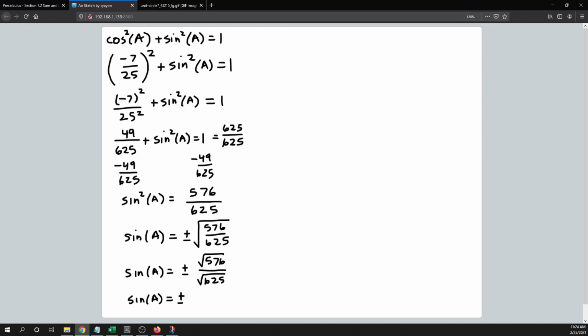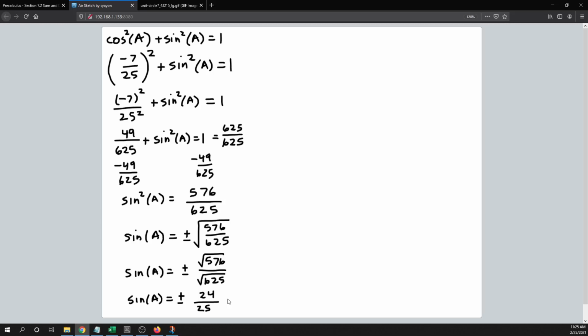All right, and the square root of 576 is 24, I believe. And the square root of 625 is 25. Okay. So we've solved for sine A, but we have these two answers, plus 24/25 and minus 24/25, and we need to pick one of those, right?